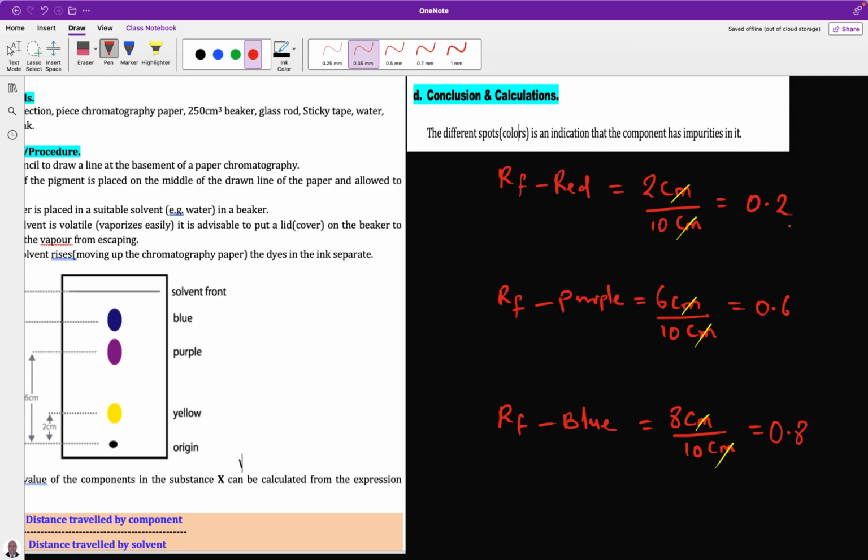We now go to our book of data. Under the RF values, we will see the component that has a 0.2 value. From there we will identify the component, the name of the impurity found in the mixture. That is how you do it.